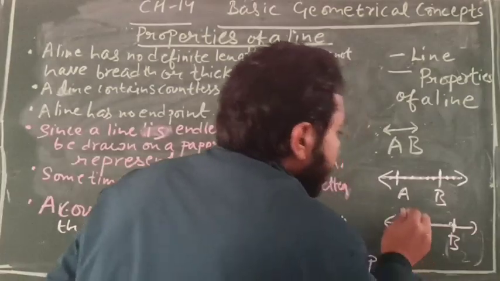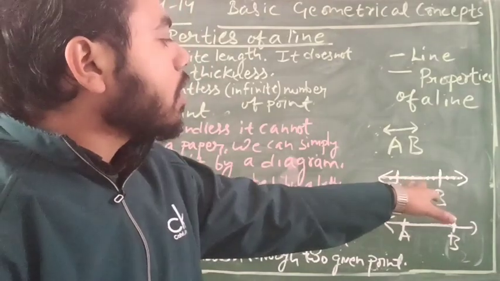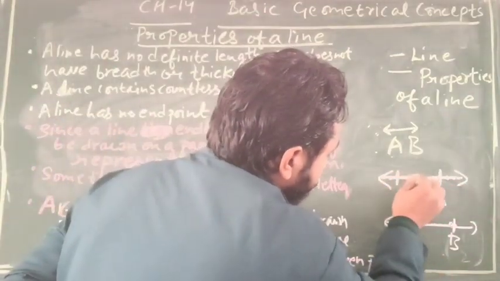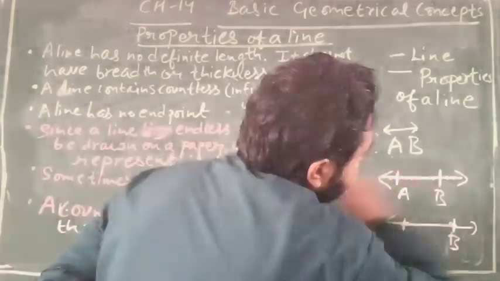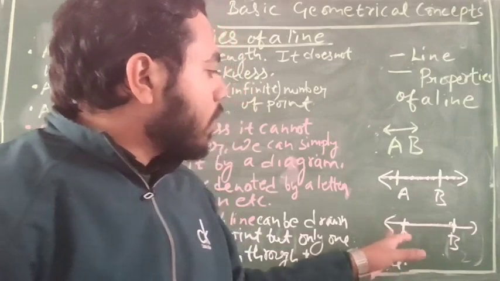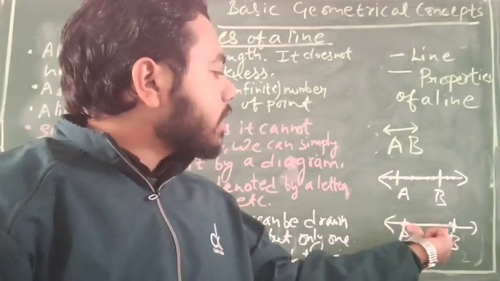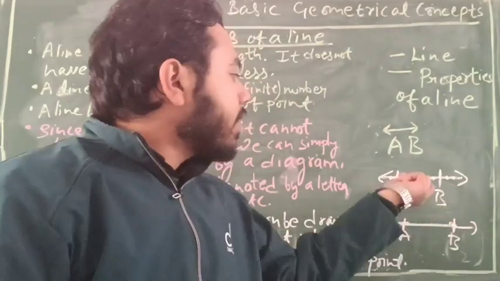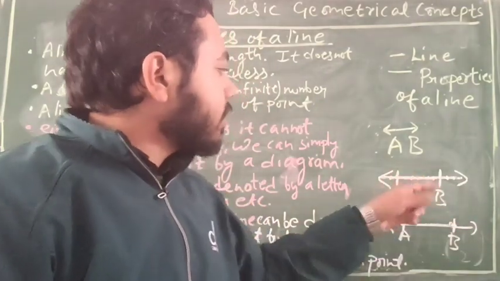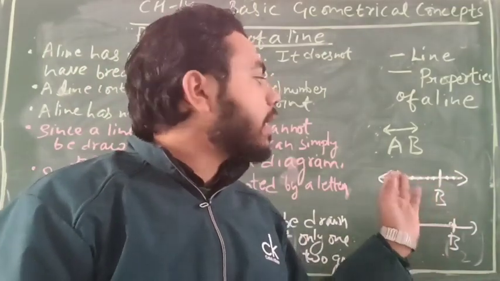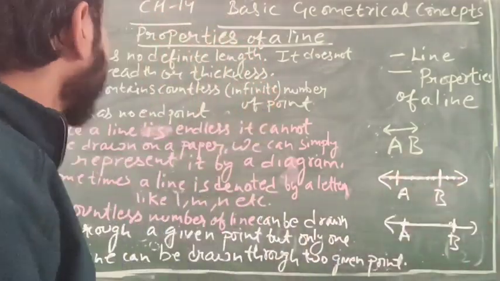A line contains countless points; if you join this point, this point, this point, it will become a line. A line contains countless points, which means we cannot count them.